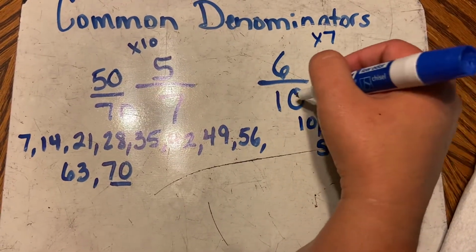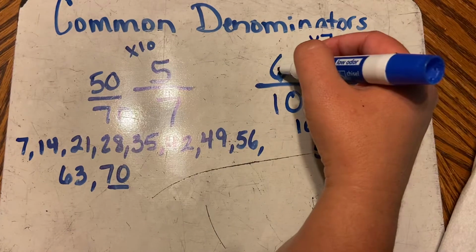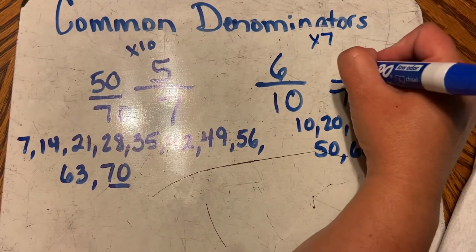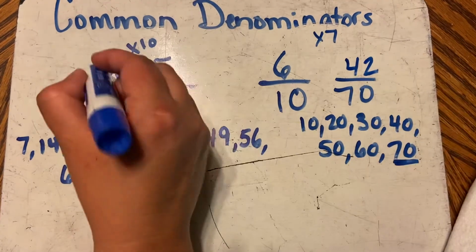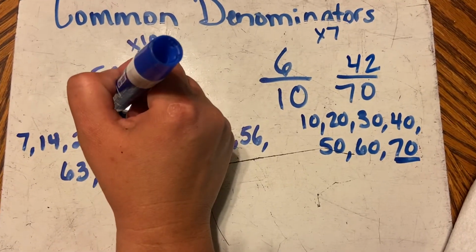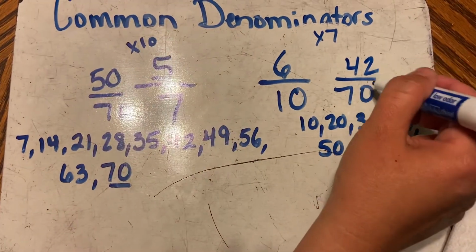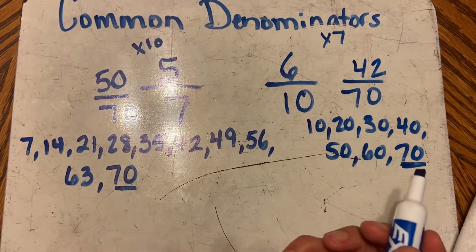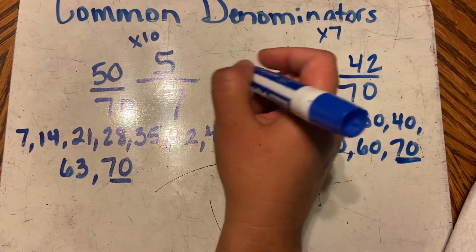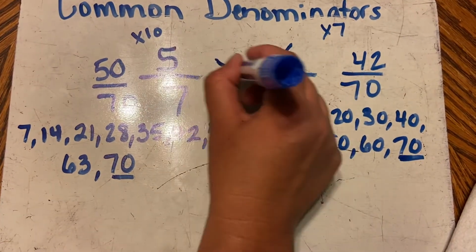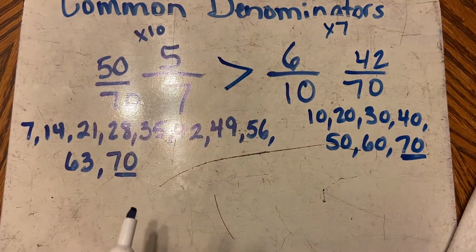So if I do 10 times 7 on the bottom, I have to do 6 times 7 on the top to get 42. So now I can compare 50/70 to 42/70 to see which one is bigger. 50, yes. So that means that 5/7 is greater than 6/10.